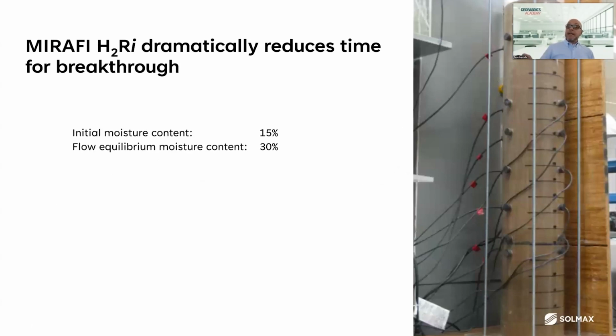Now, when they did this, they repeated this test again with the H2RI and again with a non-woven, but they shrunk the size of this soil column because it was taking too long to do the experiment. But what you'll notice is that the initial moisture content was 15%. And as they were feeding the water in the column, the moisture content increased to 30%.